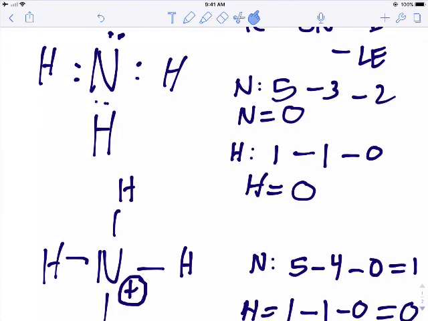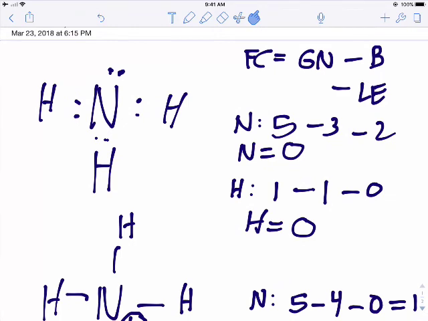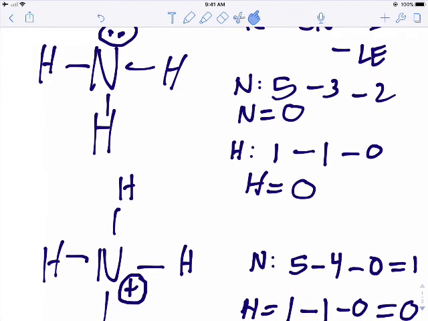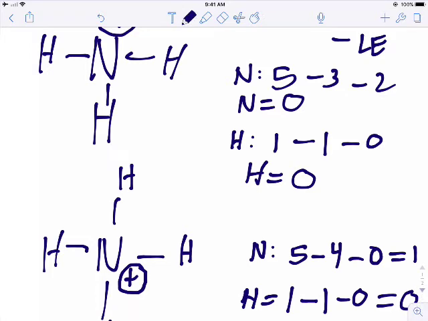And if we compare ammonia to ammonium, you'll notice that whereas nitrogen in ammonia was sharing the 3 bonds but had an entire lone pair to itself, that lone pair is gone in ammonium and is instead being shared with an additional hydrogen. So instead of having 2 electrons to itself, it's now sharing 2 electrons.